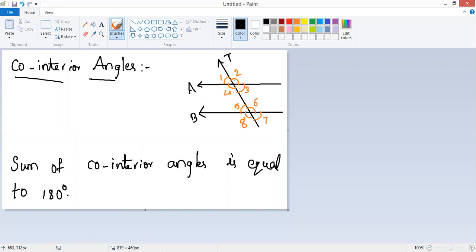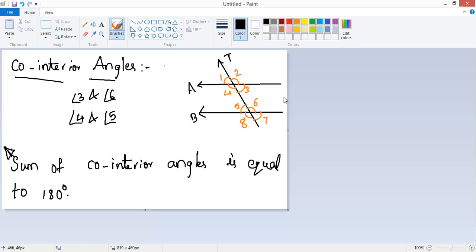Here you can see angle 3 and angle 6, angle 4 and angle 5. These are the pairs of co-interior angles. The sum of co-interior angles is always 180 degrees. We can say co-interior angles are supplementary.